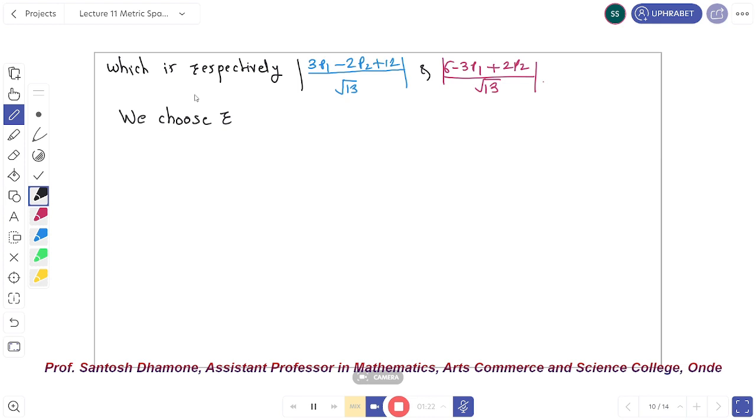This implies that the distance between (y1, y2) and the point (p1, p2) is less than r.